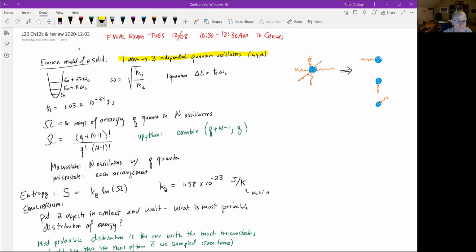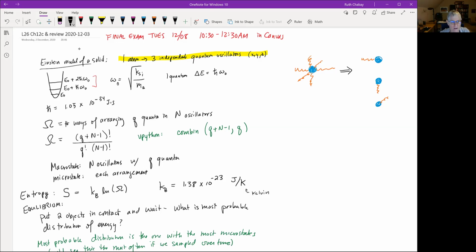And the difference in energy between two adjacent energy levels is this quantity h bar omega 0, where omega is here the square root of the interatomic spring stiffness divided by the mass of an atom. And h bar is Planck's constant over 2 pi, so it's 1.05 times 10 to the minus 34 joule seconds.